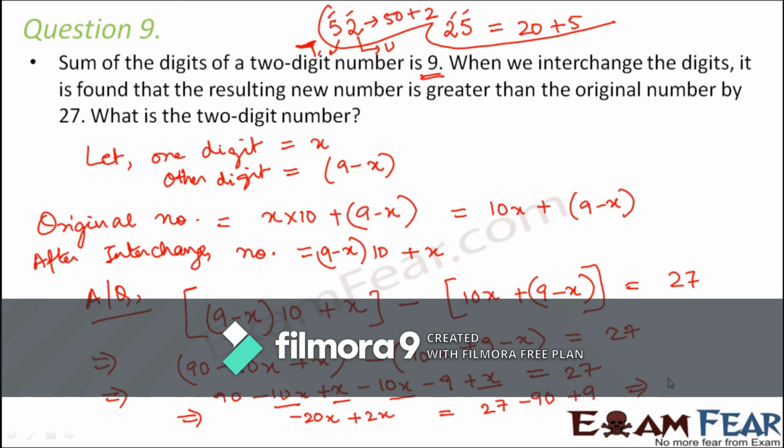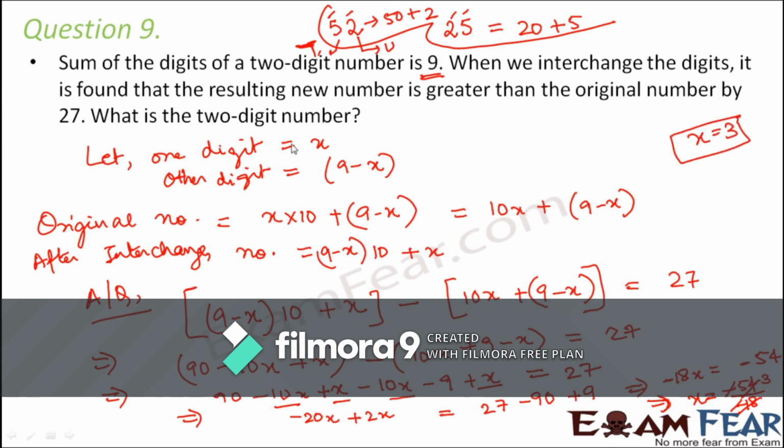So this can be written as minus 18x is equal to minus 54, or x is equal to minus 54 by minus 18, which is equal to 3. Minus minus will cancel. Therefore, we get the value of x is equal to 3.